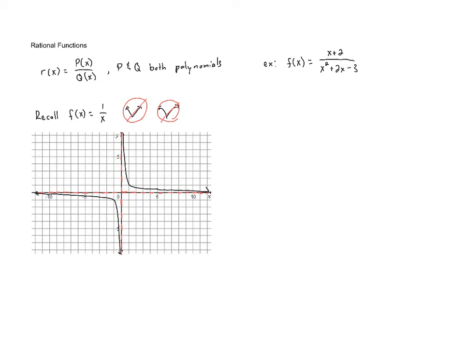Also, how do we look at the behavior near the asymptotes? Because, for example, here the y-axis is an asymptote, but on one side we're going up, and on the other side we're going down. So the first question is, where will a vertical asymptote occur?